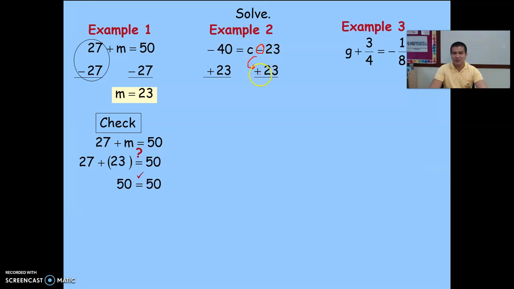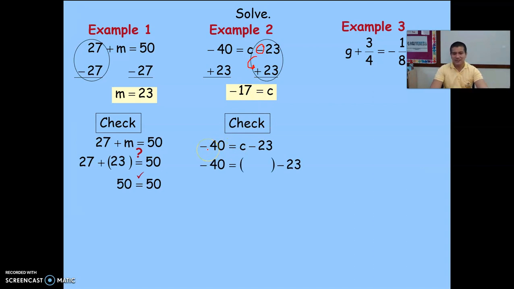Okay, so therefore plus 23 and then add 23 here. So your answer now will give you negative 17. And then to check, we have negative 40 equals c minus 23, where c is negative 17. That will give us negative 40. So your answer is correct.